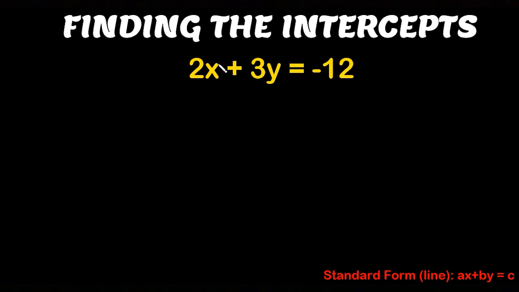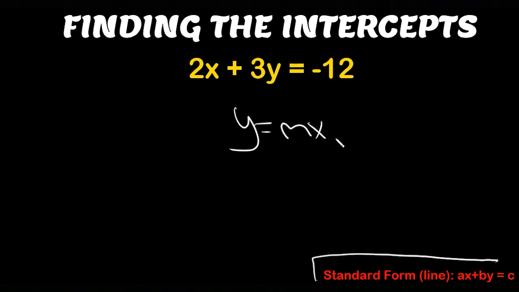Now, before I do that, I want you to take a look down here. This equation that we're working with right now is in standard form. You can see that I wrote it down here where it says ax plus by is equal to c. So a and b are just coefficients in front of your variables, in this case x and y, and c is your constant. That's called standard form. So this equation is not in slope-intercept form, which is y equals mx plus b, right?